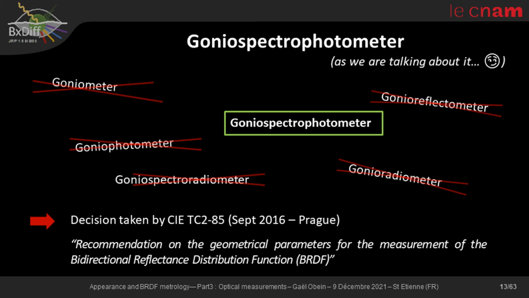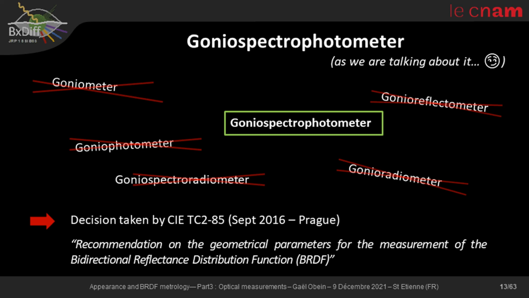A gonioradiometer, I don't know what it is, but a radiometer is a device that measures flux in watts. So I don't see why we should talk about this, because usually we do spectral measurements. And also a goniospectroradiometer.